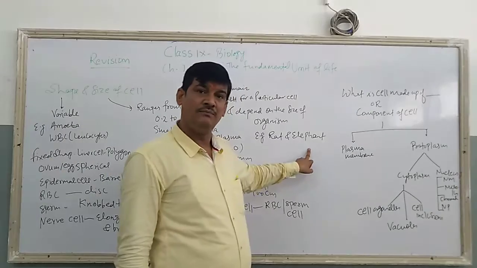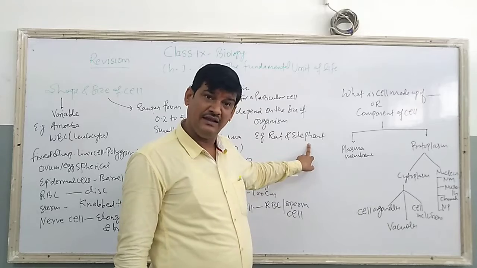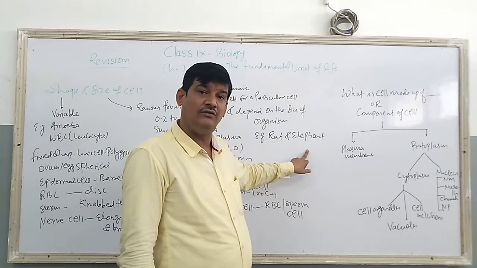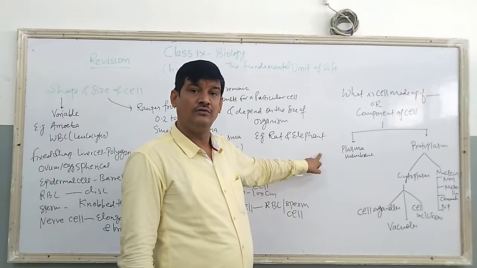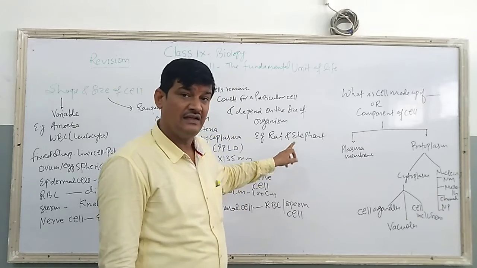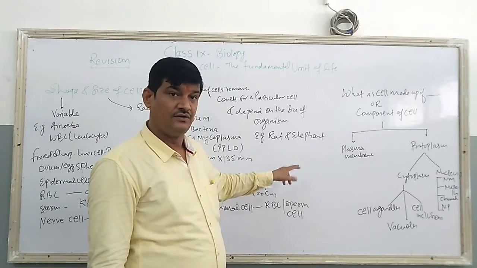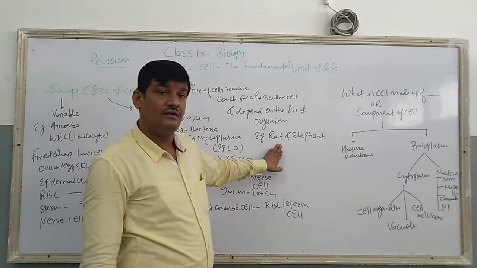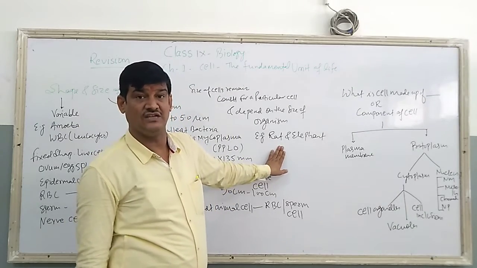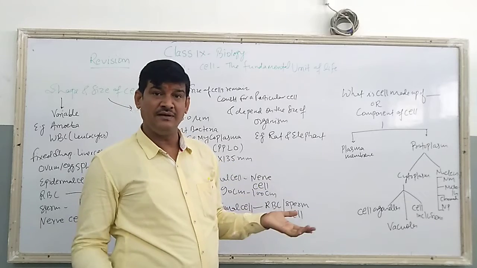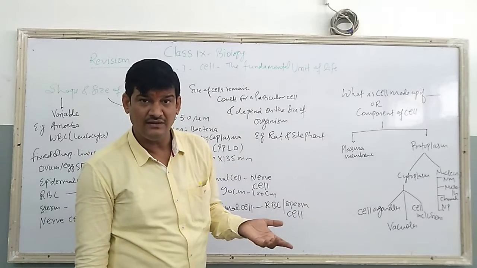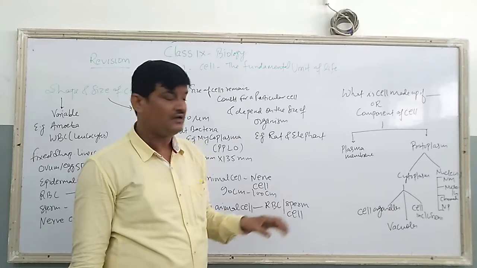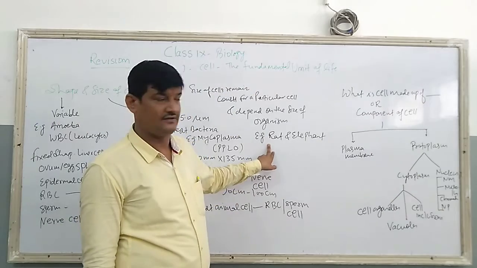If the number of cells is much more, the weight will also be bigger as compared to the smaller organism. So their size remains the same here, but the number is changing. The bigger the animal, the larger the number of cells. The smaller the animal, the lesser the number of cells.